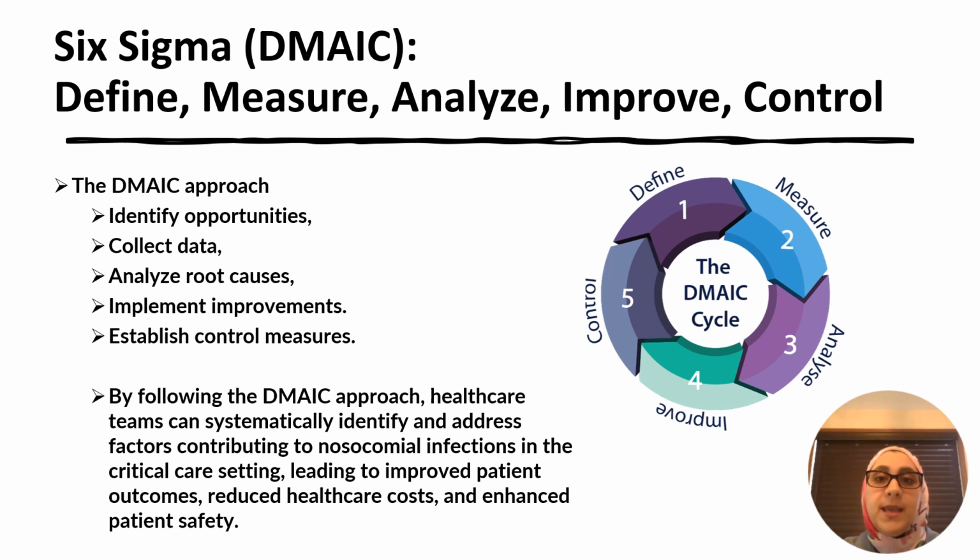By following the DMAIC approach, healthcare teams can systematically identify and address factors contributing to nosocomial infection in the critical care setting, leading to improved patient outcomes, reduced healthcare costs, and enhanced patient safety. Now, we will listen to the 5 whys of the problem with Ashley.